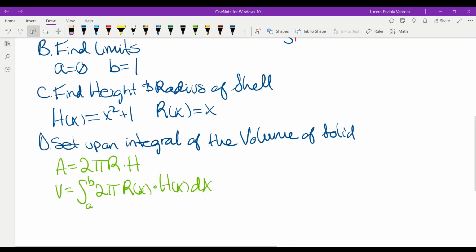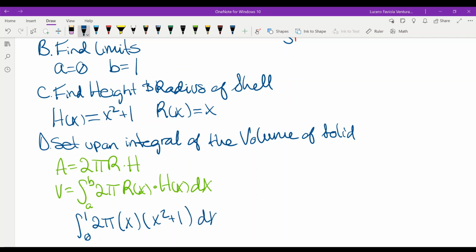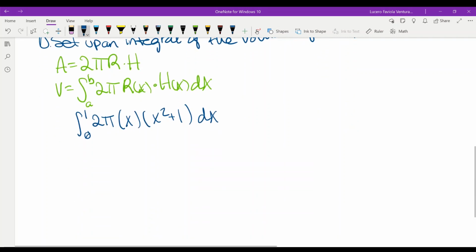Now using this, we'll plug in the values that we have up here. So really, we have the integral from 0 to 1, 2 pi. Our r of x is just x, and our h of x is the function, x squared plus 1 dx. Now I'm going to rewrite it, and we'll take out the constant of 2 pi.